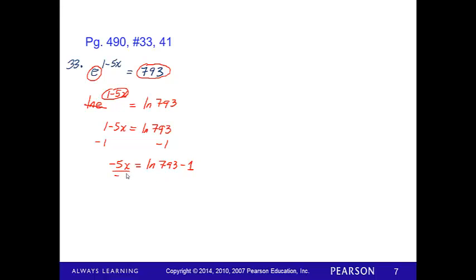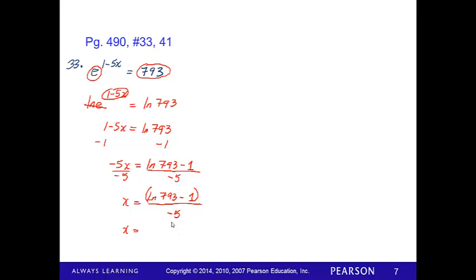And then divide by negative 5. Divide all of this by negative 5. So you have x equals the natural log of 793 minus 1, all divided by negative 5. Now I'm going to type into my calculator. If you want to type this all at once, put a parenthesis, then type the numerator, close your parenthesis, then divide by negative 5.